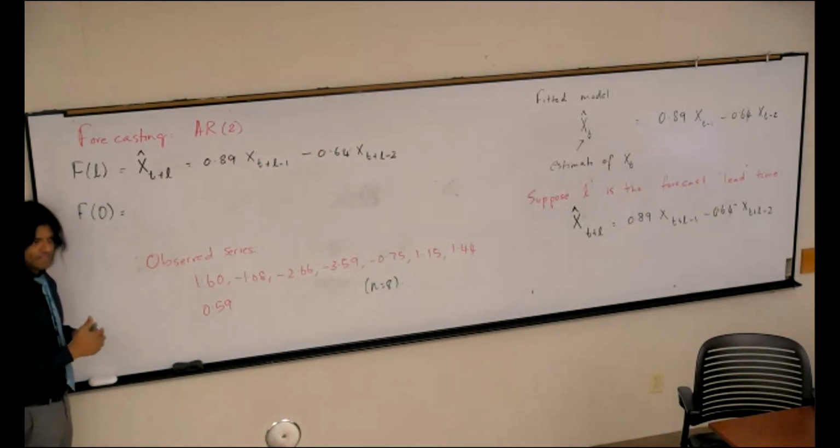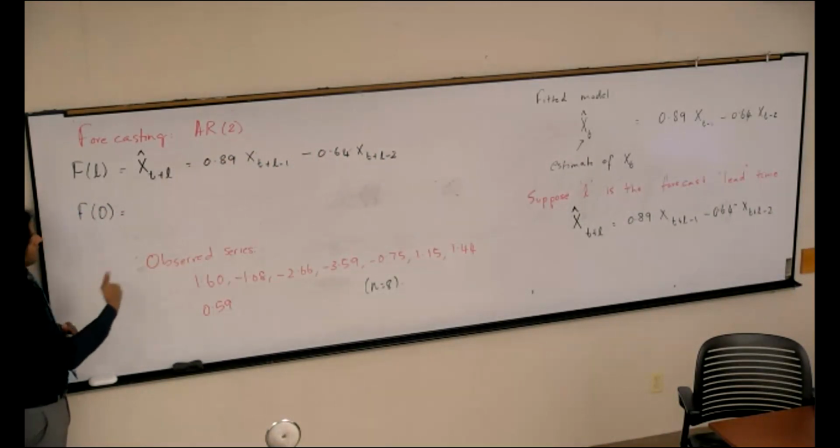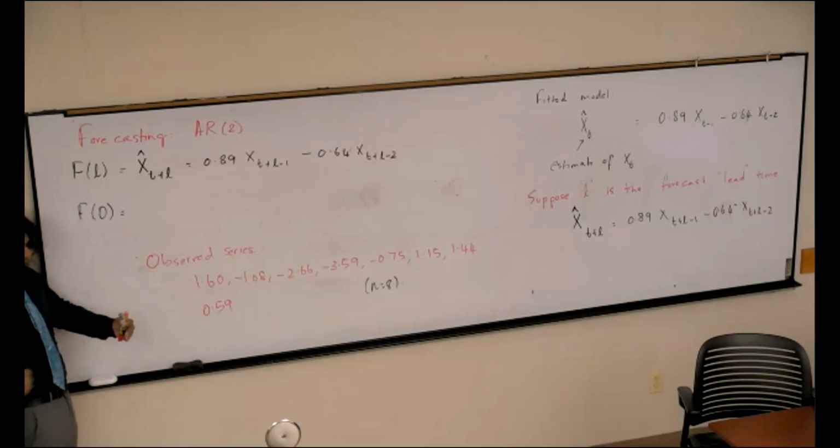What would your origin time points be? We have 8 time points, so XD must be t equals the starting point to make that forecast. 8 values in the past, including the 8th one.